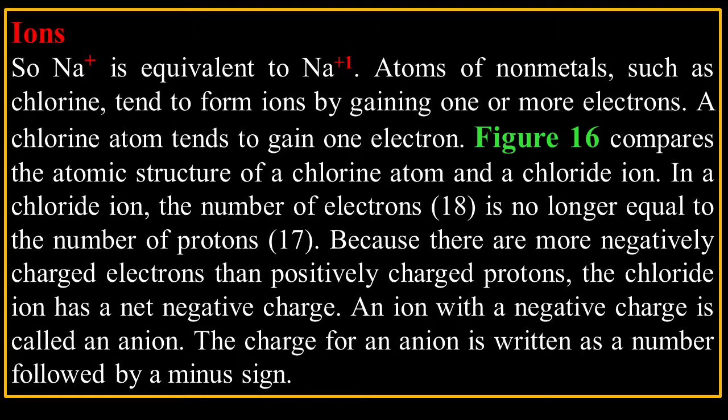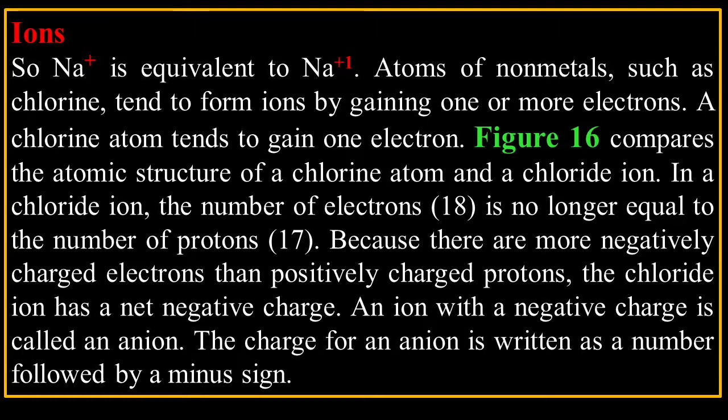Atoms of nonmetals, such as chlorine, tend to form ions by gaining 1 or more electrons. A chlorine atom tends to gain 1 electron. Figure 16 compares the atomic structure of chlorine and a chloride ion. In a chloride ion, the number of electrons, 18, is no longer equal to the number of protons.